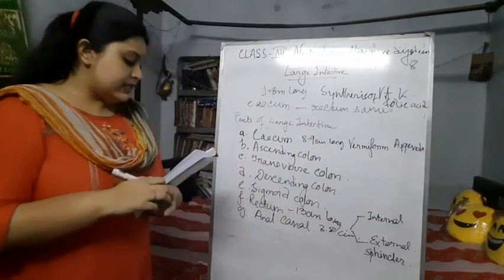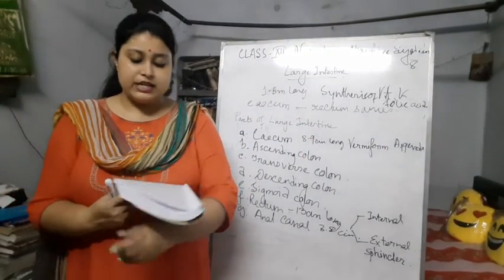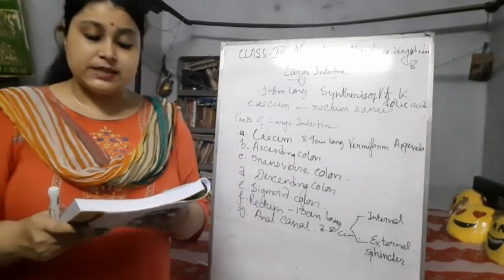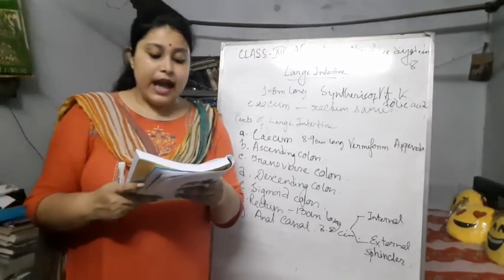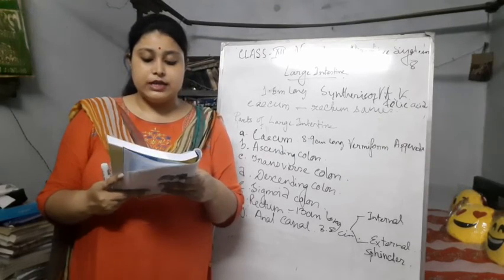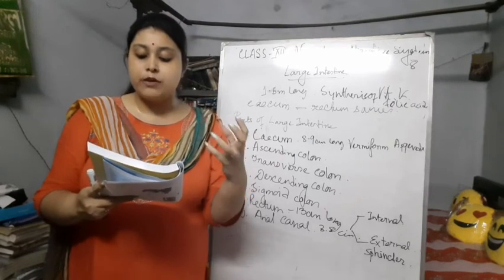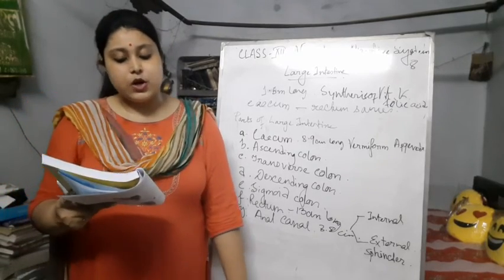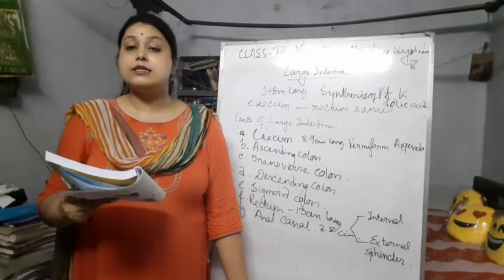Next, the large intestine does not exhibit peristaltic movement as in other parts of the digestive tract. Only at fairly long intervals does a wave of strong peristalsis sweep along the transverse colon, and it is known as the mass movement.